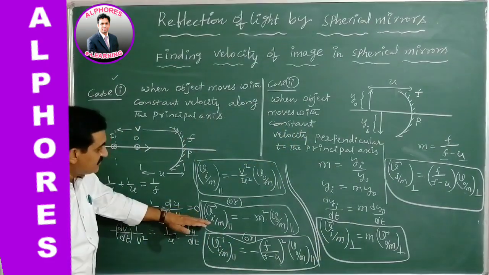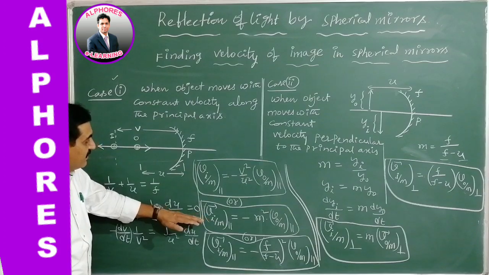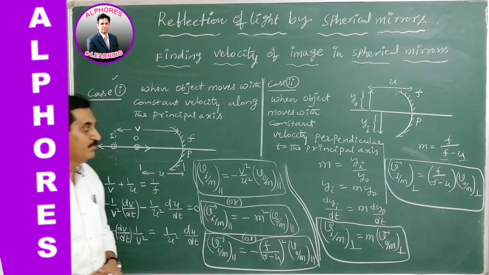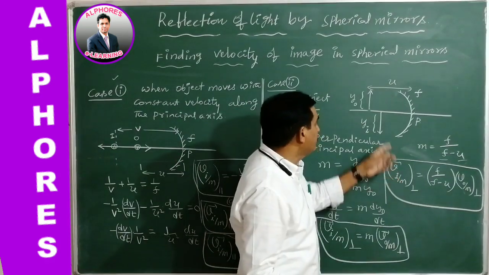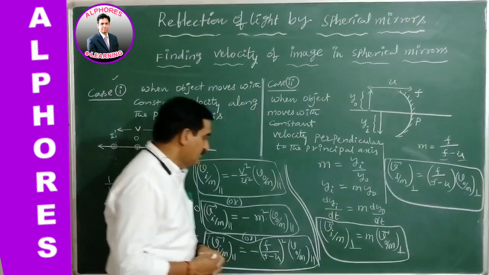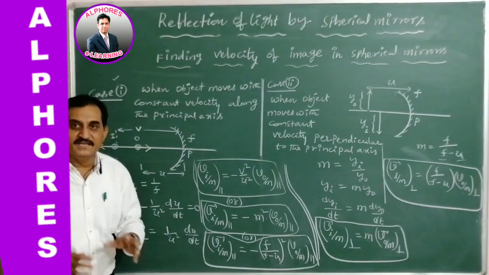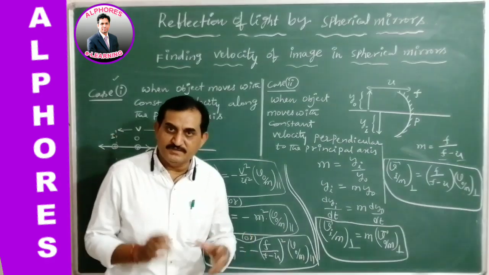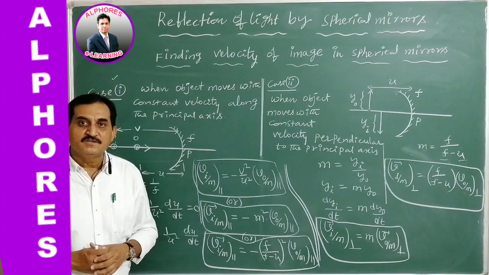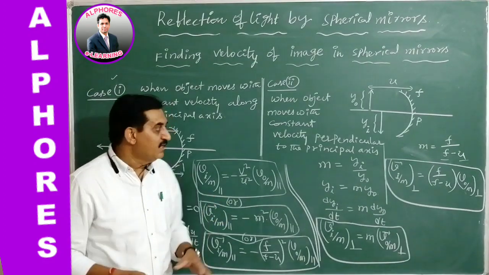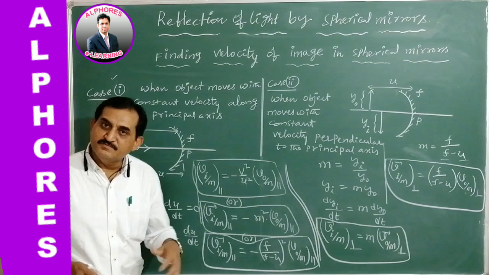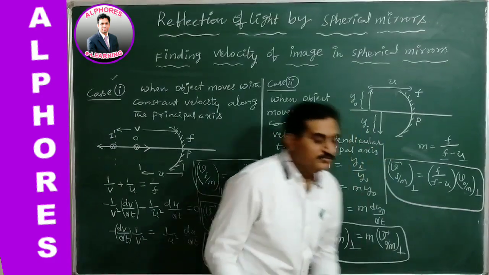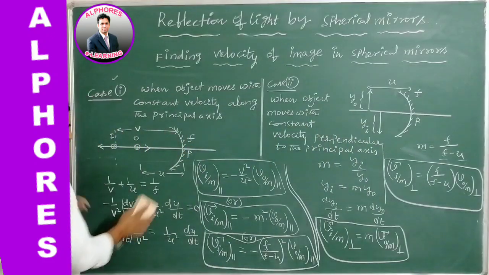So this is the velocity of image in the mirror along the principal axis, and this is the velocity component perpendicular to the principal axis. So these are the important formulae related to finding velocity of image in the spherical mirror. And one more case remains, so we are going to discuss this point after these two. Okay, let us make a discussion on the third case. Okay, now go for the third case.